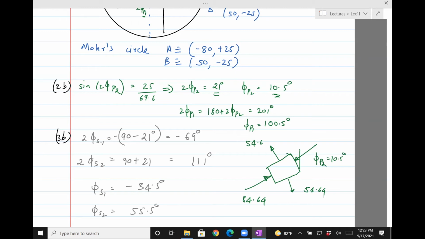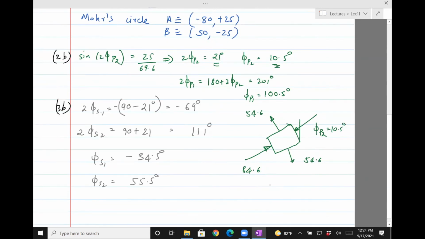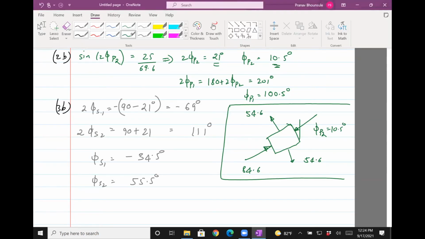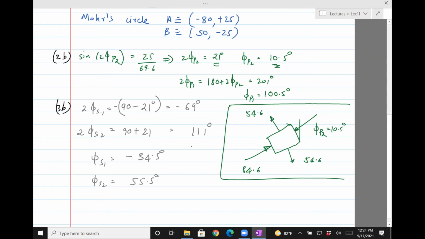Yeah, so that's when it is turned by 10.5 degrees, there's no shear stress, there's only a normal stress as shown.